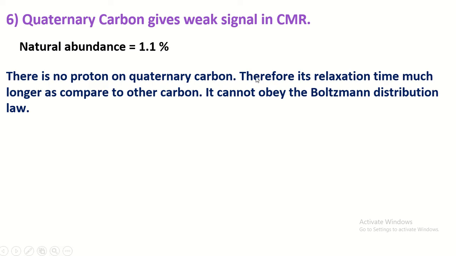Therefore, its relaxation time is much longer compared to other carbons which are attached to hydrogen, that may be CH3, CH2, CH. Therefore, the relaxation time of quaternary carbon is more than CH, more than CH2, more than CH3. Therefore, the quaternary carbon cannot obey the perfect Boltzmann distribution law.